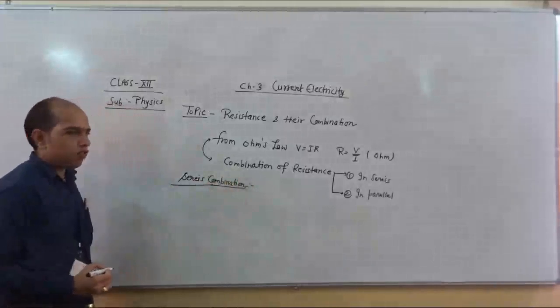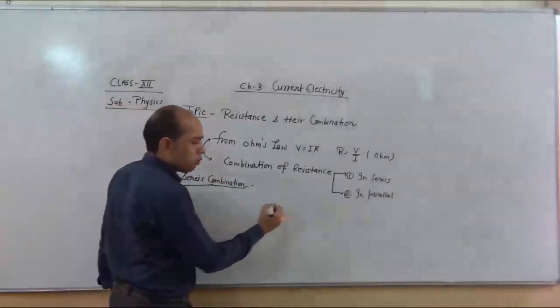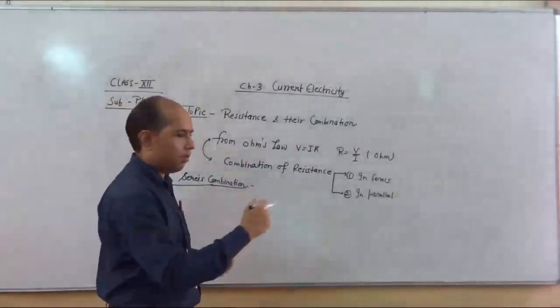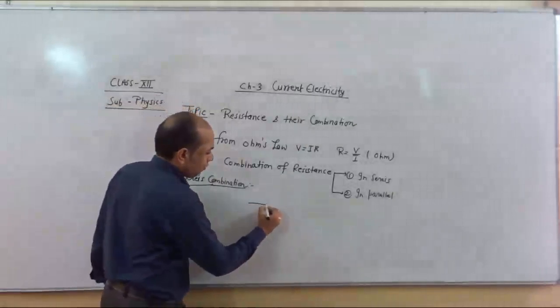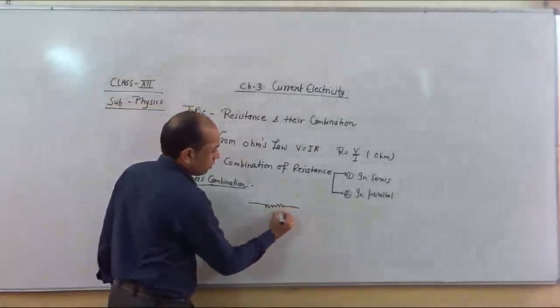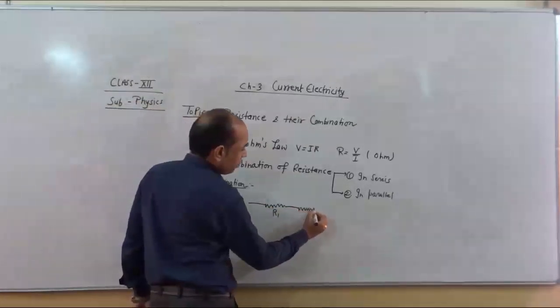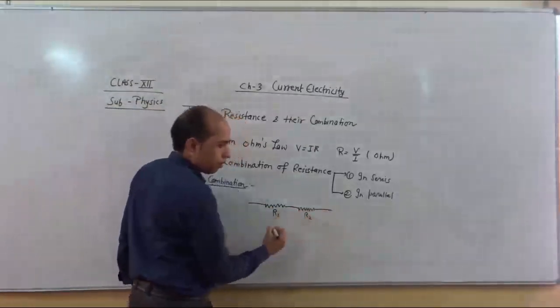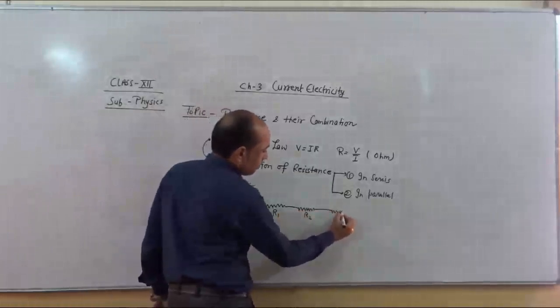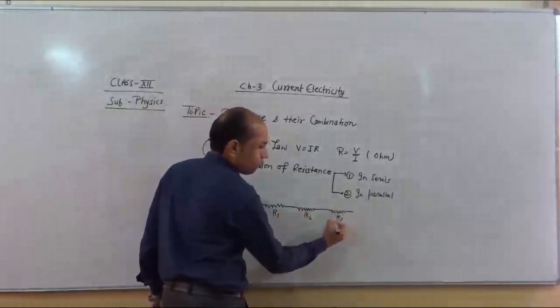In series combination, two or more resistances are connected one by one. That means like this way: one resistance, say R1, then another resistance, say R2, another resistance, say R3, and so on.